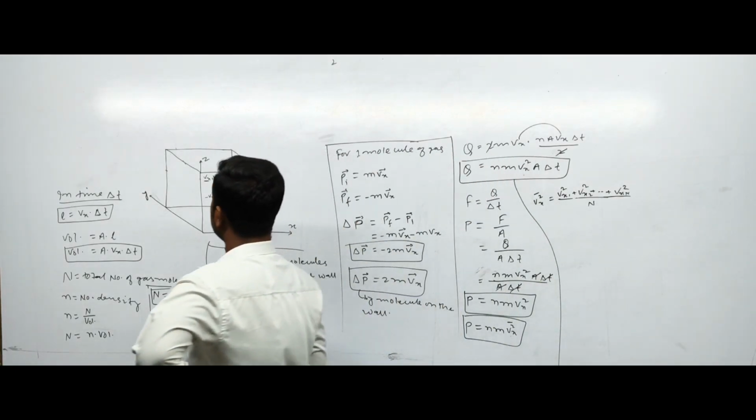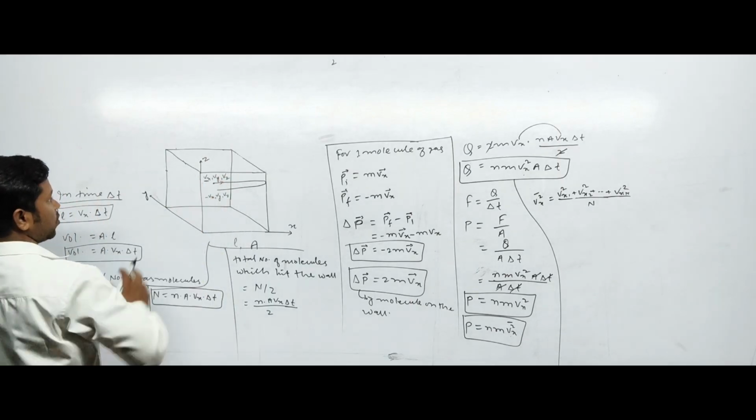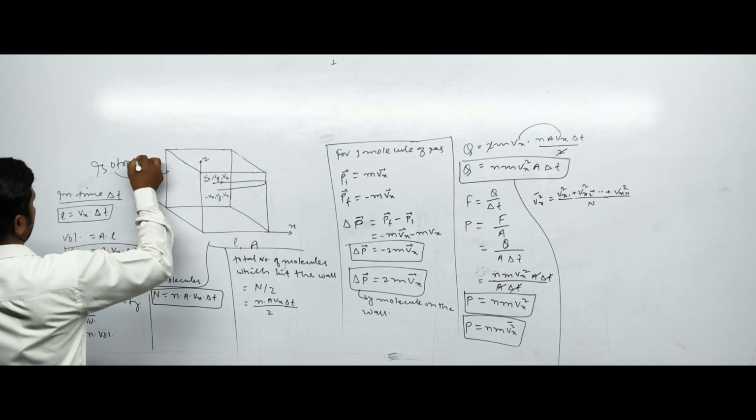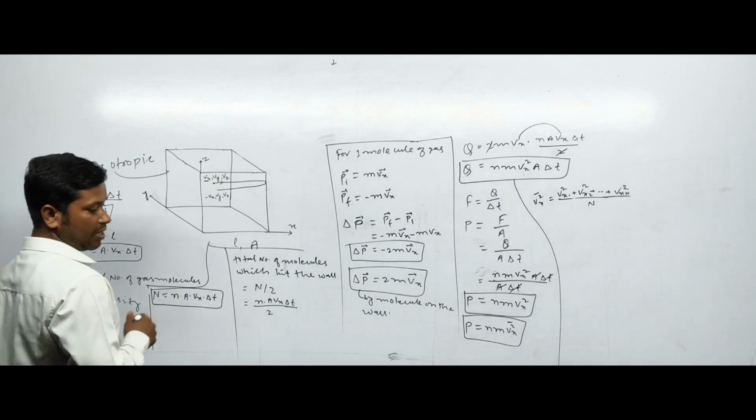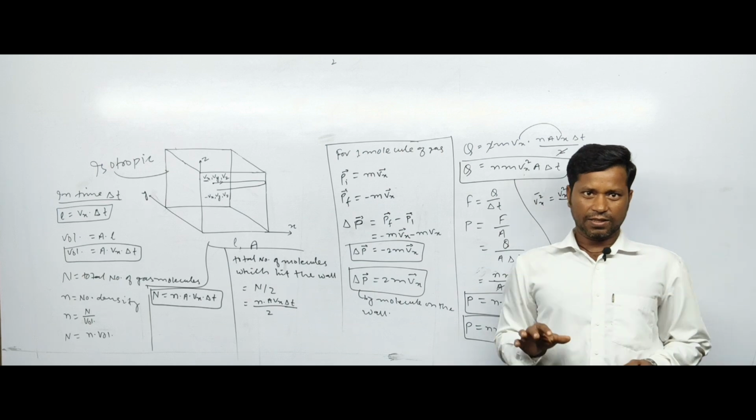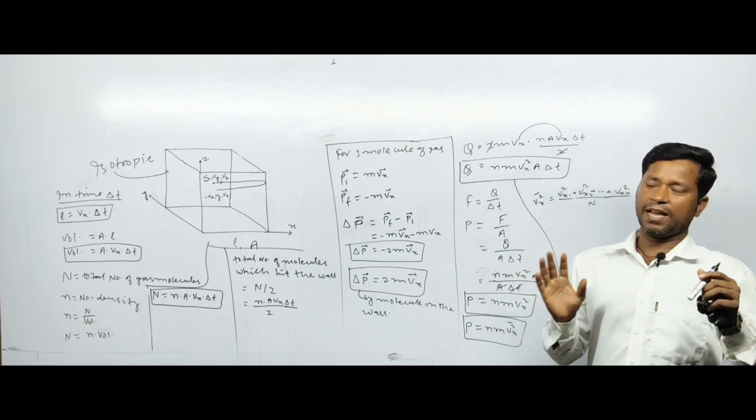As we know, the gas enclosed in this cube is isotropic. And what is the meaning of isotropic? Isotropic means its property is the same in every direction.